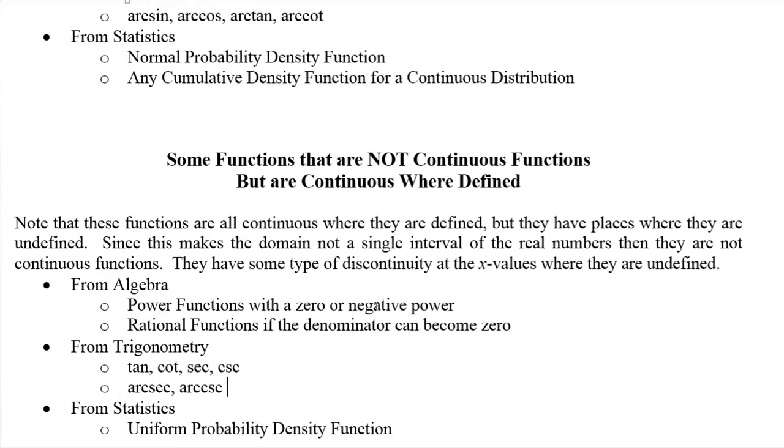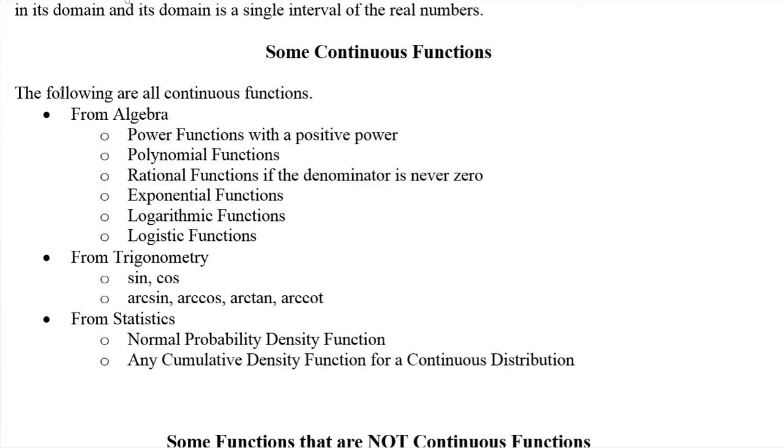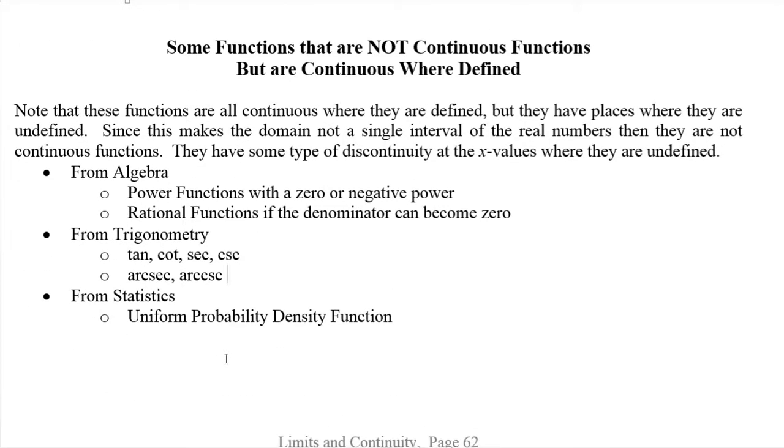Those are some examples of continuous functions, and some functions that are continuous where they're defined, but not continuous everywhere. Now remember, when I talk about continuity, we're talking about continuity at a point, and then we can talk about a continuous function. Continuity at a point means the limit exists, the function exists, and they're the same.